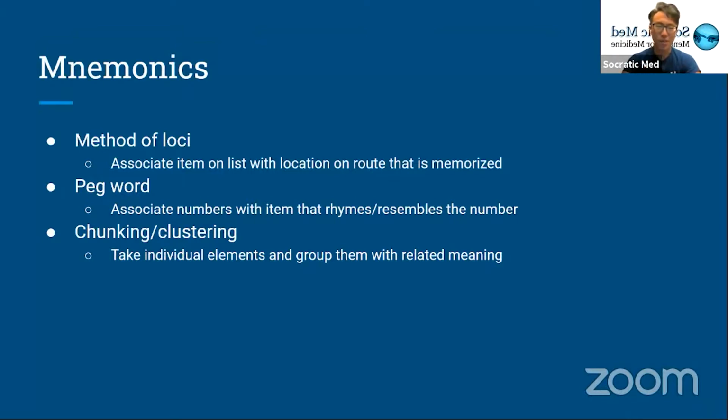And then the last one is what I usually use, called chunking or clustering. That's when you take a bunch of separate elements and try to group things with similar meaning or in a specific context. If you have a bunch of items, maybe you'll want to organize them by a specific color or a specific size, just so they have something in common that you can group them into when you're studying.